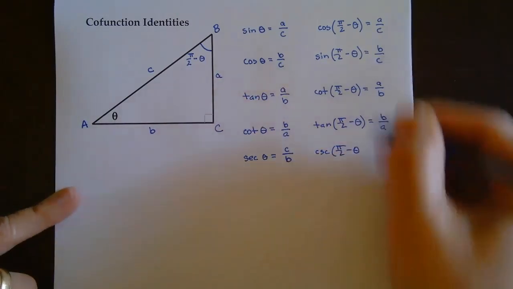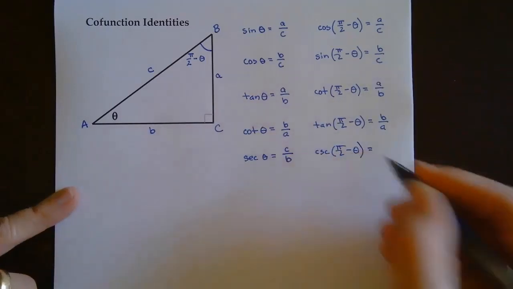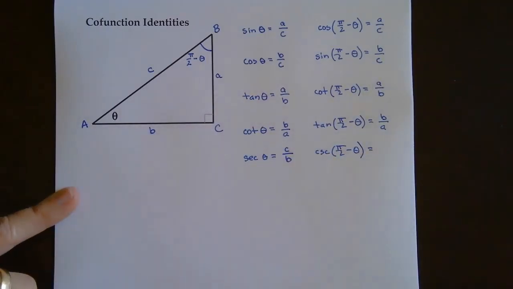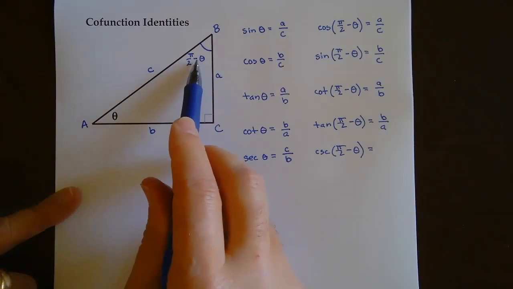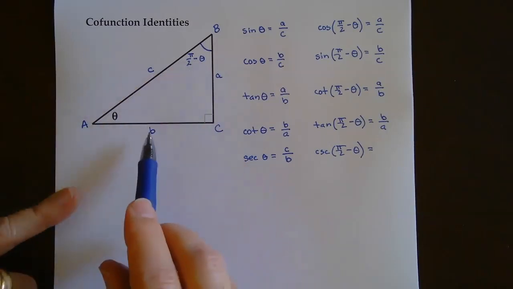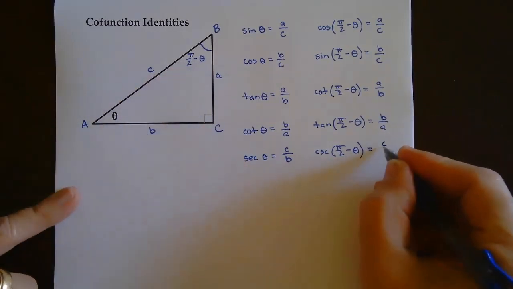Hopefully you're seeing something over here, okay? Cosecant of pi over 2 minus theta is defined as the hypotenuse over the opposite leg, okay? So the hypotenuse is C over the opposite leg for this pi over 2 minus theta angle, which would be B. So this would be C over B also, right?